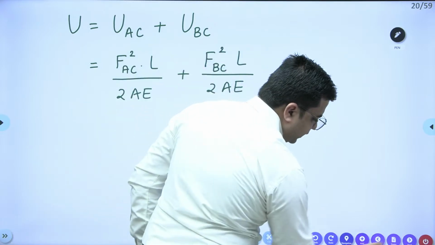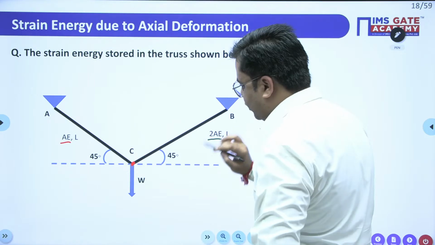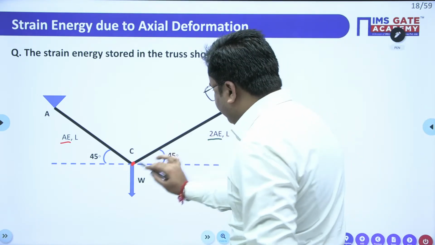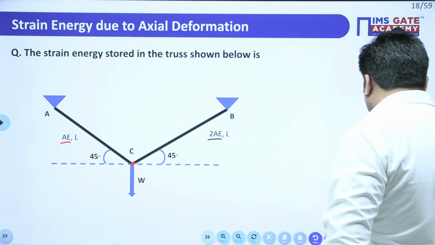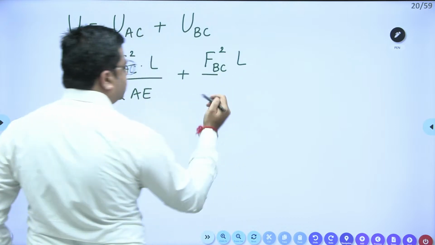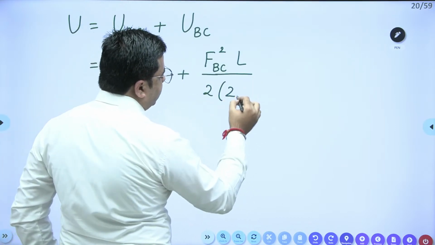Here it is given as EI, but it is AE. There is some printing mistake in this question. Okay, AE is only given. So for member BC, the value of AE is 2AE, so here we have to substitute 2 into 2AE.